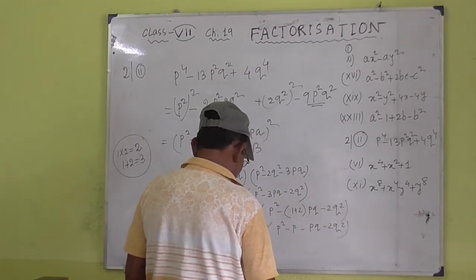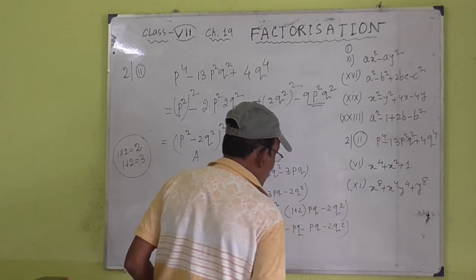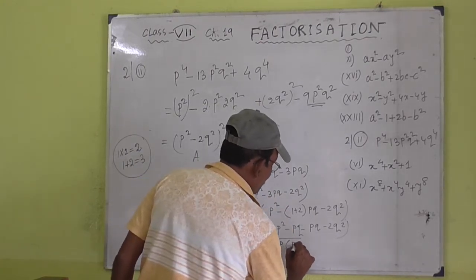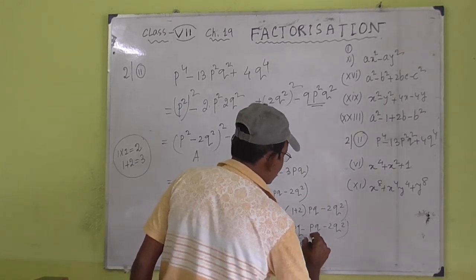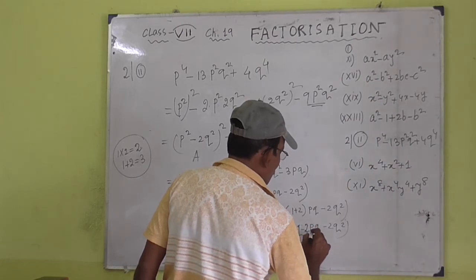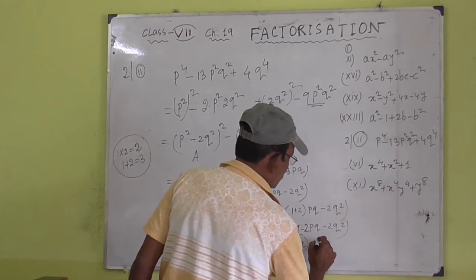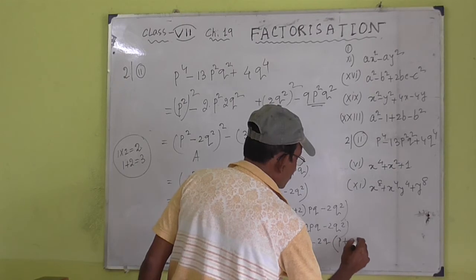sorry, I am writing wrong, it is pq. If you try to get common p minus q, sorry, pq minus 2pq, 2q, p plus q.